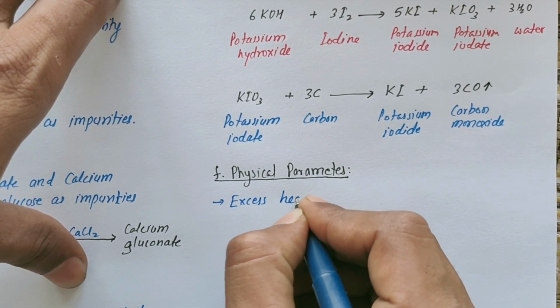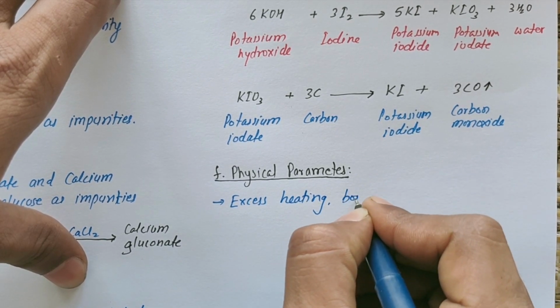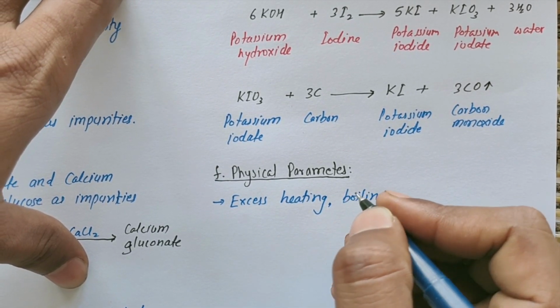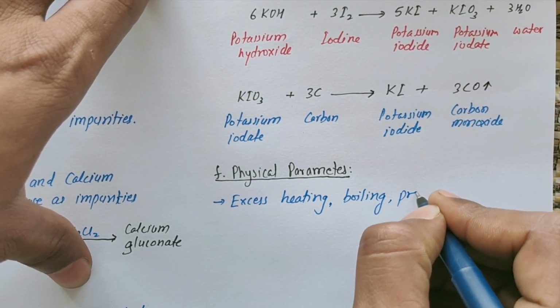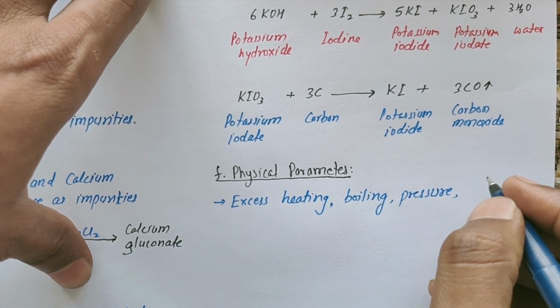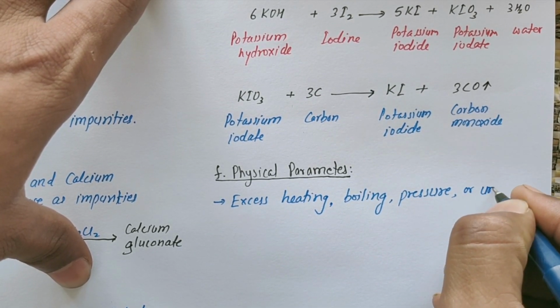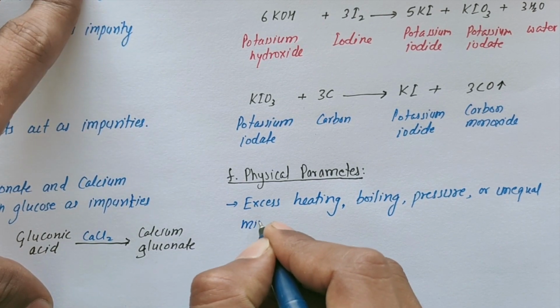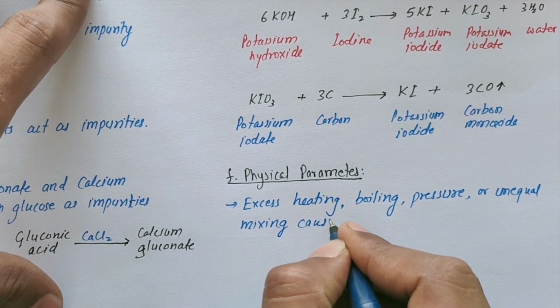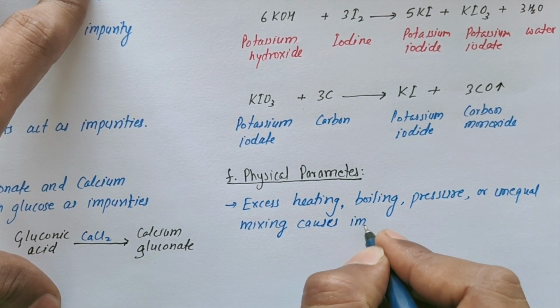Excess heating or boiling, applying excess pressure, or unequal mixing: if you are not mixing properly, then that will lead to impurities in the final product.